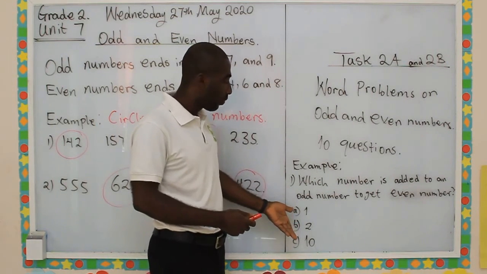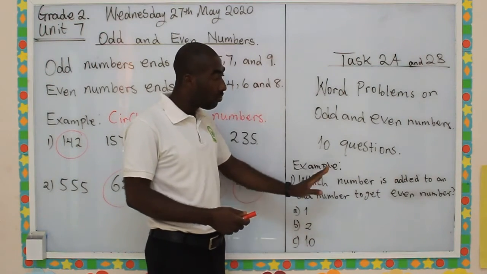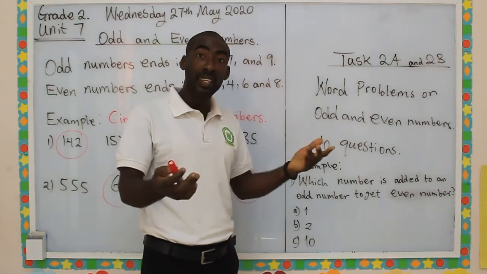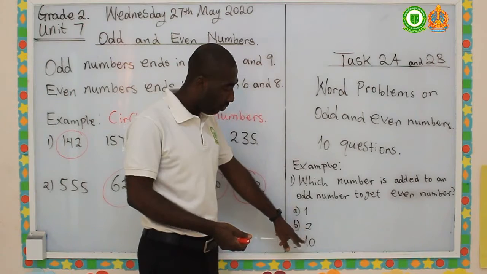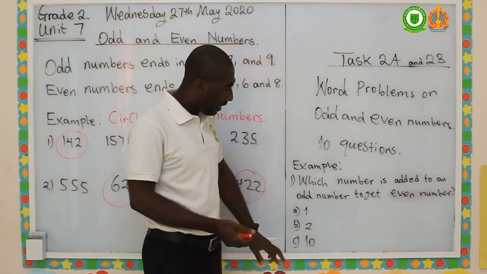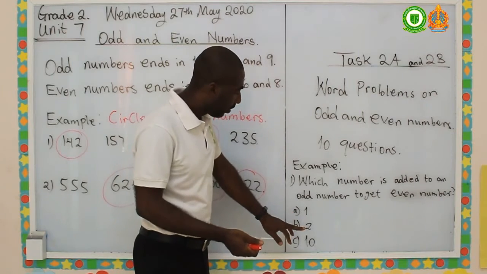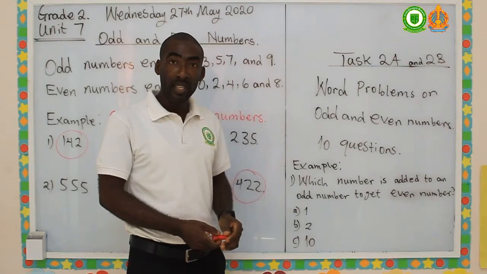Looking at this one, which number here can we choose to add to an odd number to give us an even number? Is it 1, 2, or 10? Already, 1 is an odd number, 2 is an even number, and 10 is also an even number.